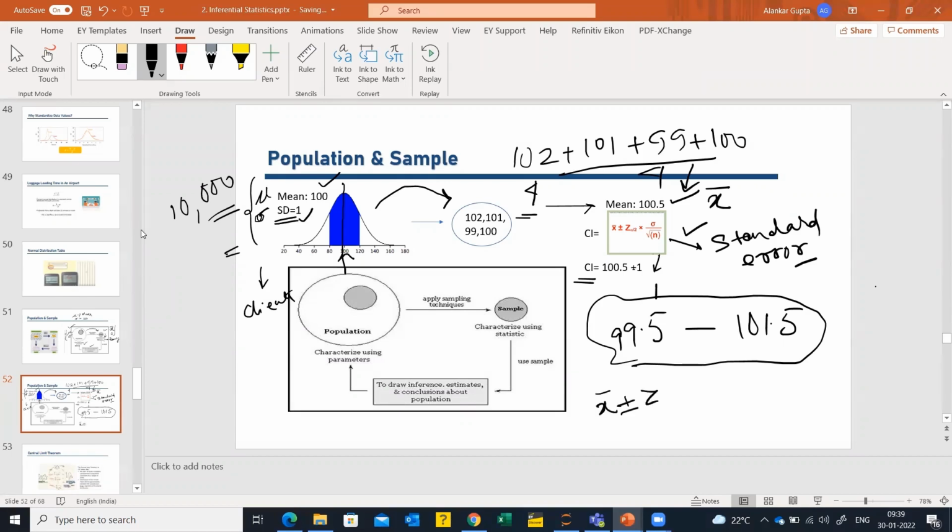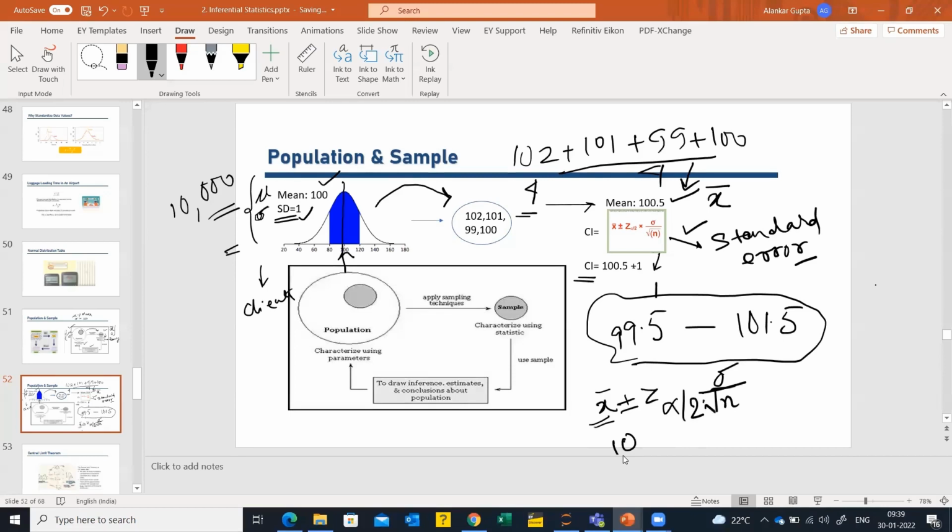From here, you know X bar, which is 100.5, plus or minus Z alpha by 2. You don't know Z alpha by 2, but you know sigma. Sigma is 1, and root n is the root of the number of samples you are drawing, so this is root of 4.